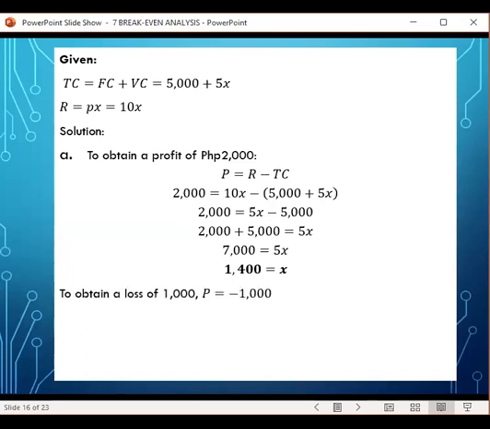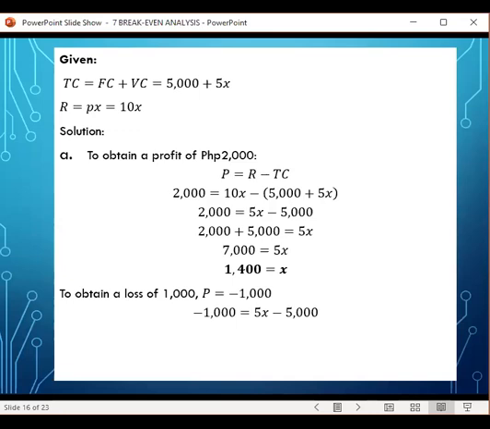Next, what will happen if there is a loss of 1,000 pesos? So how many pads of paper were being sold? Because it is emphasized that there is a loss, meaning the P is equal to negative. Again, if there is a loss, the P is negative.